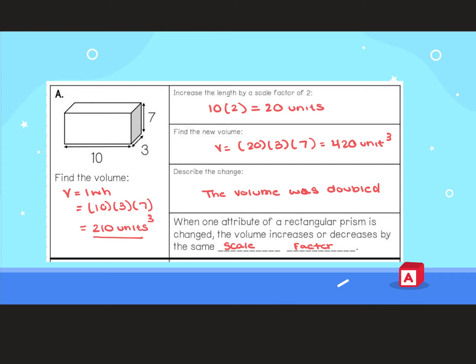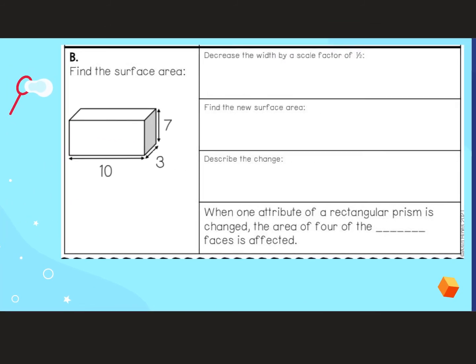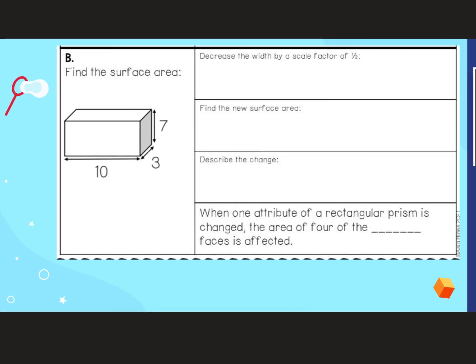All right, so now let's take a look at surface area. It says find the surface area. Remember, surface area is 2 times the length times the width, 2 times the length times the height, and 2 times the width times the height. We're going to find it as is.